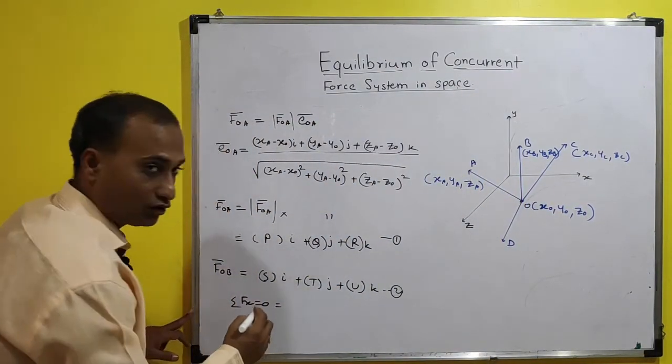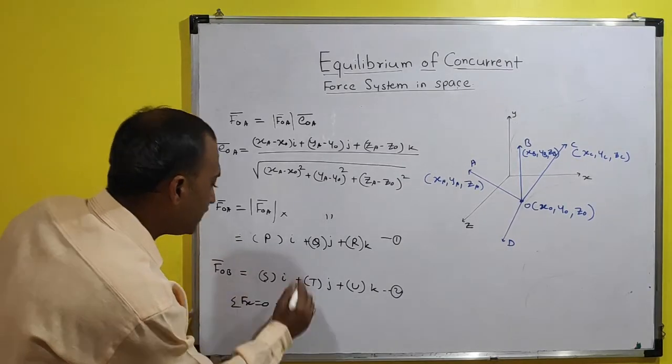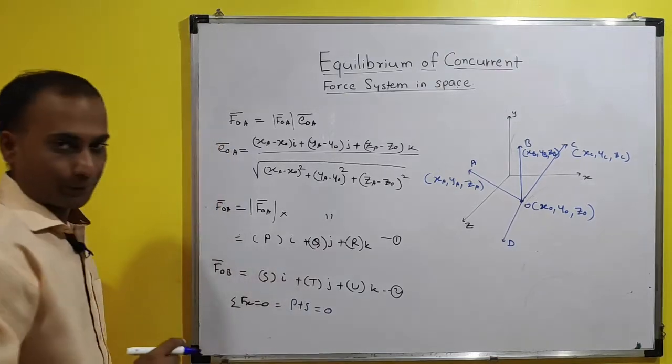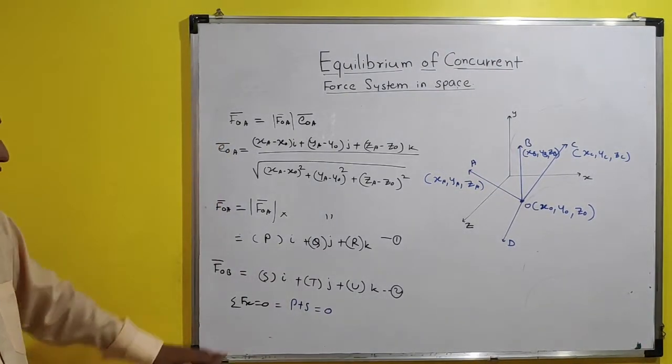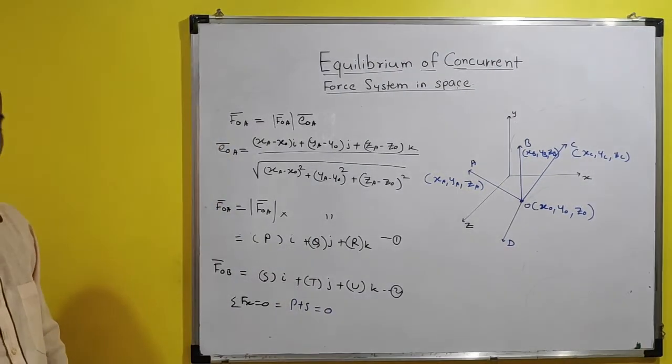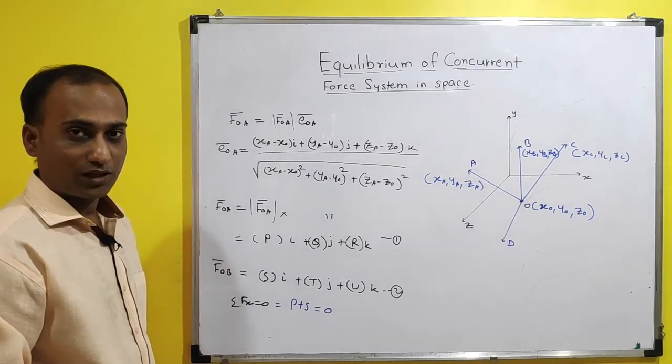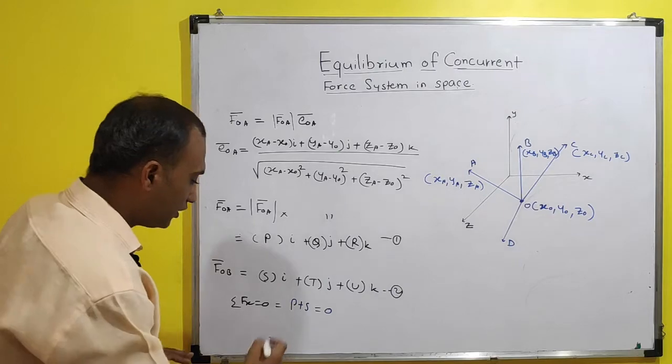So summation Fx is equal to 0, and we can write P plus S is equal to 0. This is our first equation, other than the force vector equations. So these are equilibrium equations.